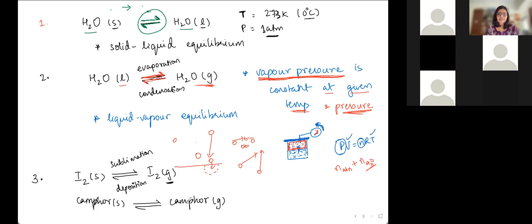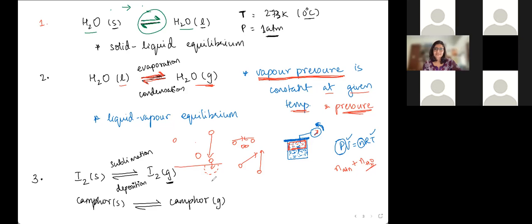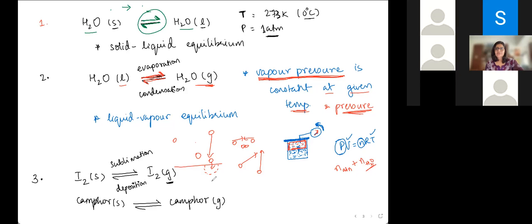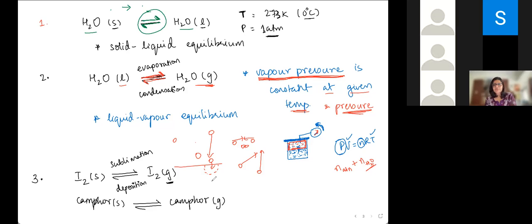So camphor is used in puja and all, right? How many of you are religious? How many of you have seen aarti and religious processes? The white thing that you burn when you do aarti, that is camphor.